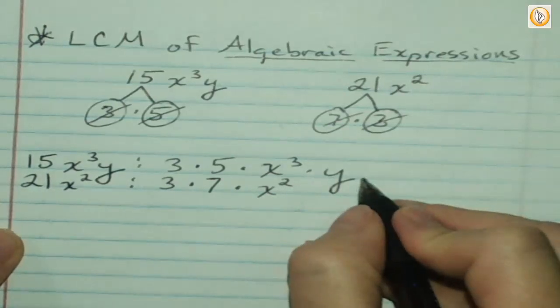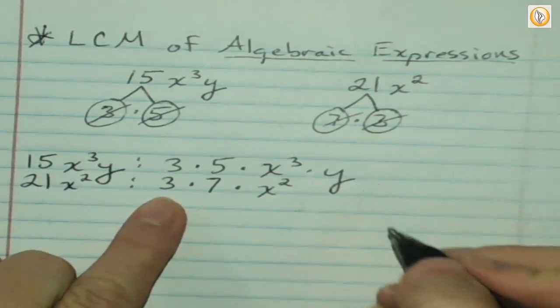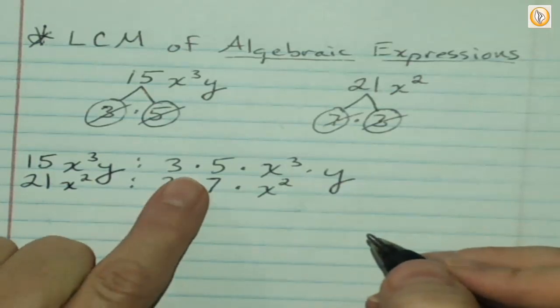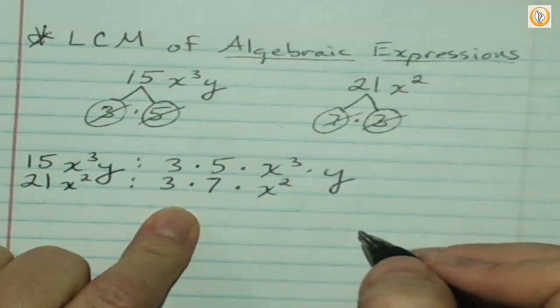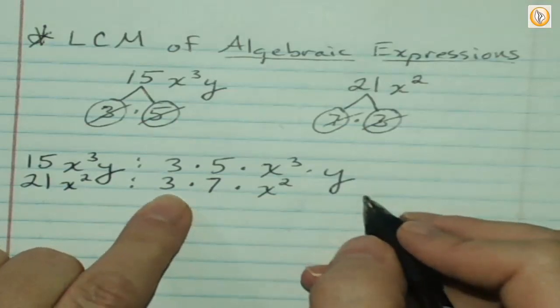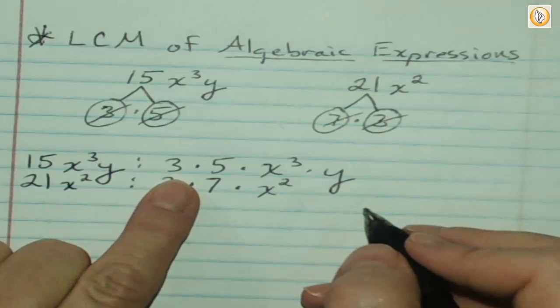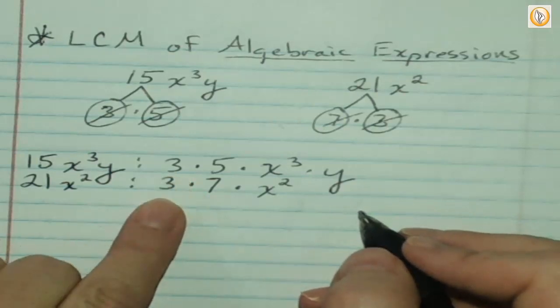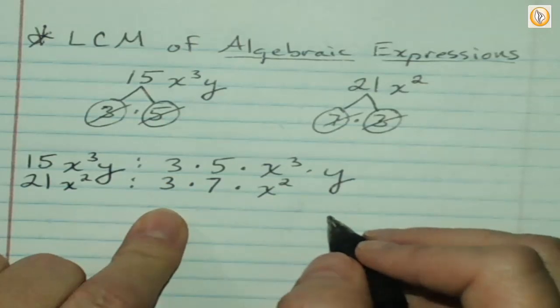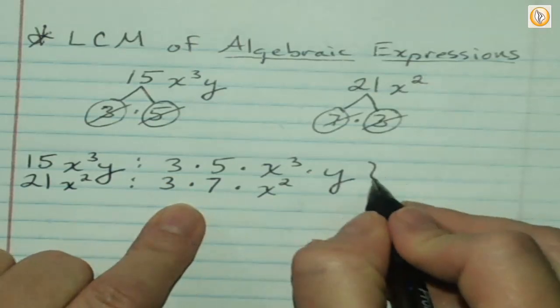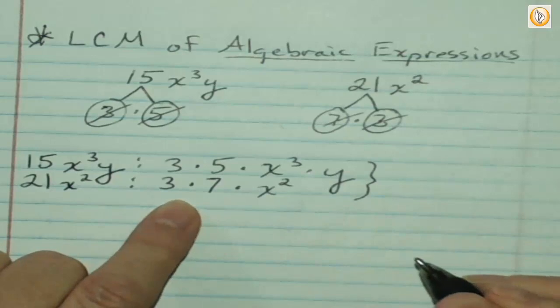Very good. Now, do I need to write any numbers in exponential form? Well, I only have one 3 in each, so it's just one 3, right? So there's nothing we have to rewrite here, so I can go ahead and get started.